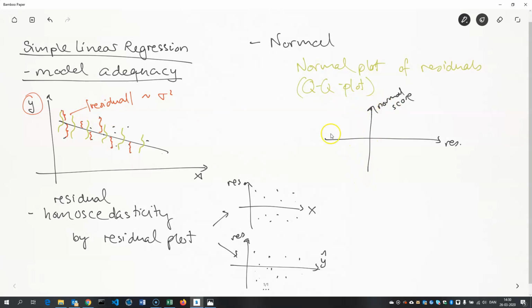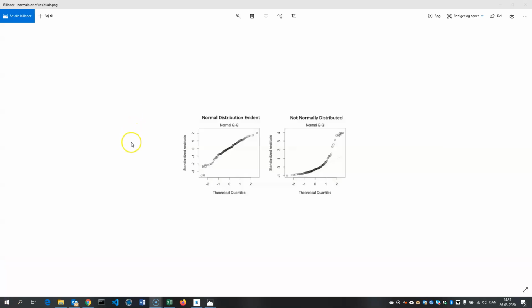So we compare those two samples, the sample of the residuals and the sample of normal scores, and what we expect to find is points on more or less a line that goes through the origin. If that's what we find, that means we have a normal distribution of the residuals. If we see something like this, there's an example of something that's not normally distributed, because there's a clear pattern and it's not a linear one. This is fine, this is normally distributed, this is not.